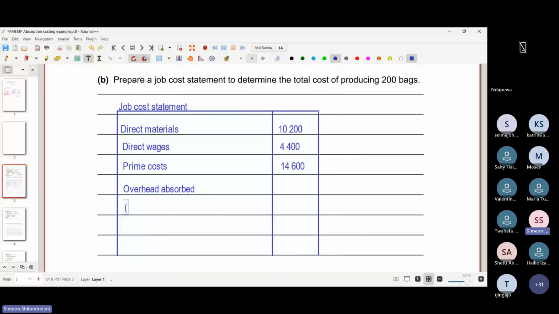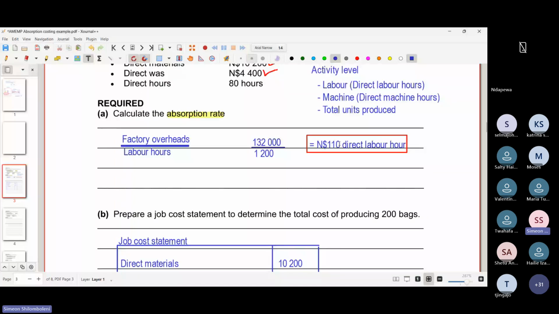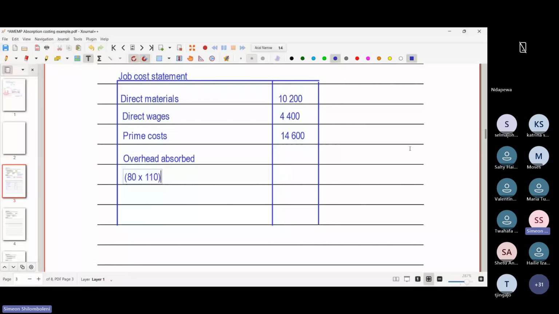And for every hour, according to what we have here, 110 must go to overheads. Then the answer that we are going to get here is how much? 8,800.